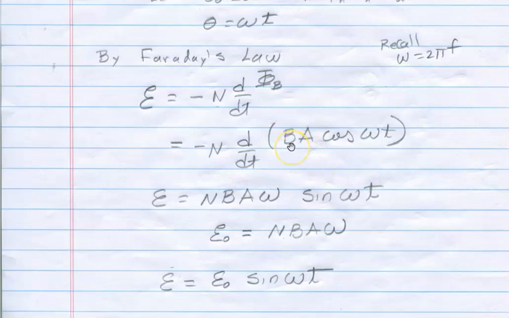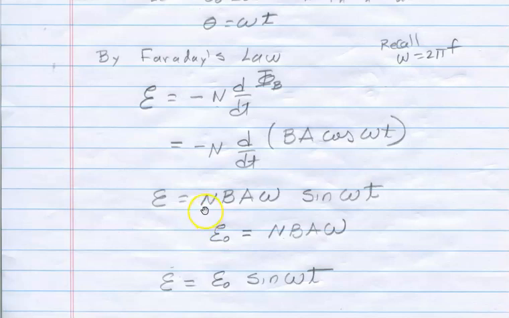It's a nice uniform, constant magnetic field. And A is of course the total area of the coil. It doesn't change, so we pull both of those outside. Then I'm just left with the derivative of cosine omega t, which is minus sine omega t, and so the minus and the minus cancel, and I'll just get omega sine omega t for that derivative, with the minus signs going away.